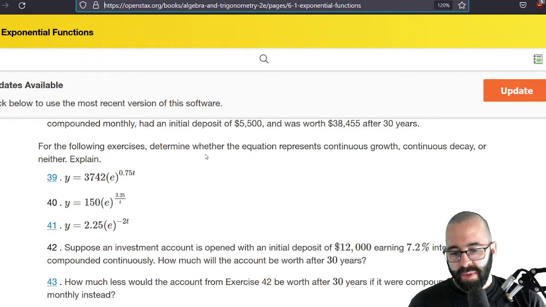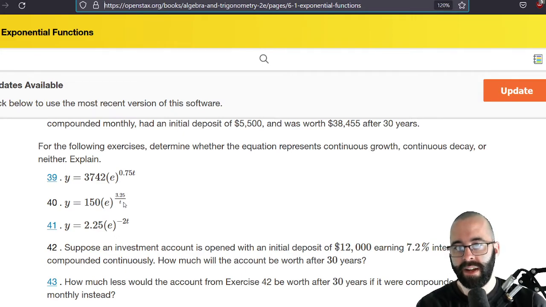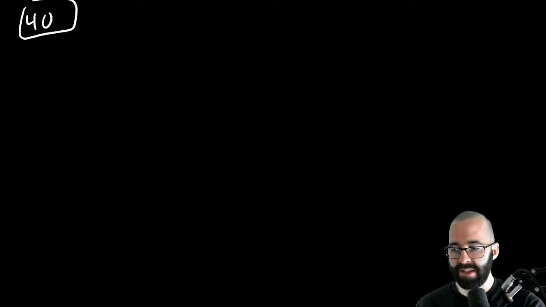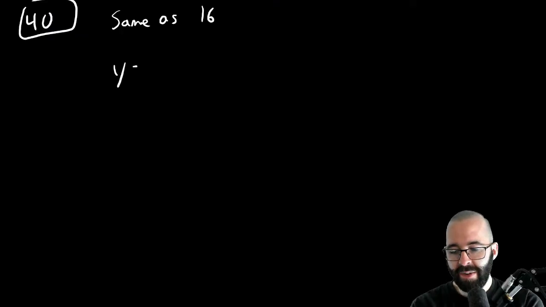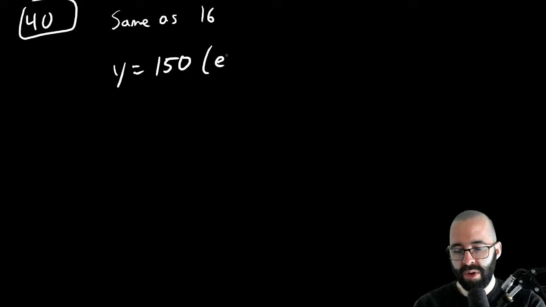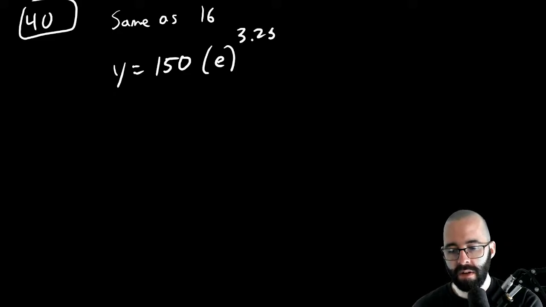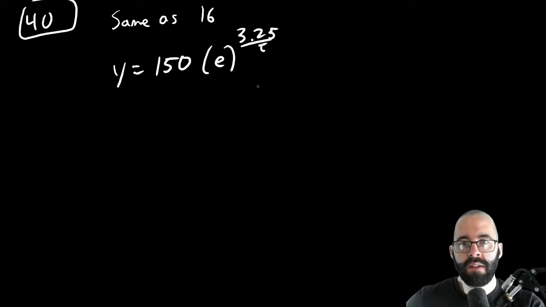Number 40 says, determine whether it's, all right, continuous growth, continuous decay, or neither. This is going to be the same as the other problem, right? That t is in the denominator. This is going to be a radical, right? It's same as that earlier problem. Same as, I think that was 16. But to explain it a little bit more thoroughly, right, we have y equals 150 times e to the 3.25 over t.